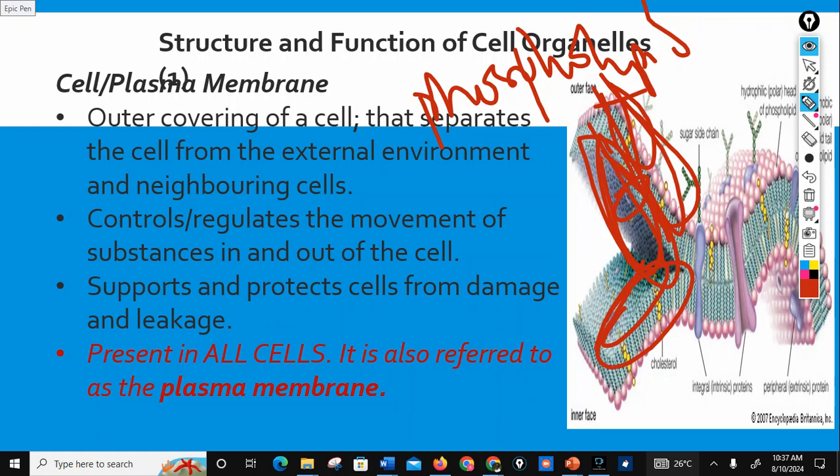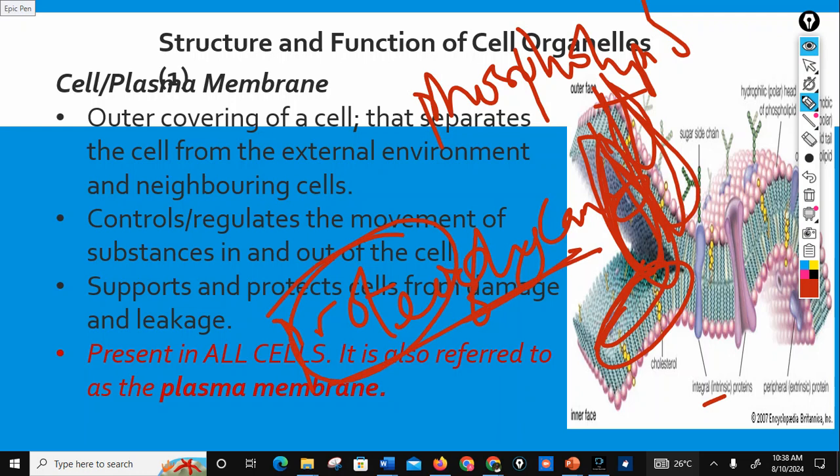Is that okay? Then they also have embedded in them the integral proteins. The sugar side chains that you see are attached to the proteins, so we call them proteoglycans. Proteo for the word protein, and glycan referring to carbohydrates in general.